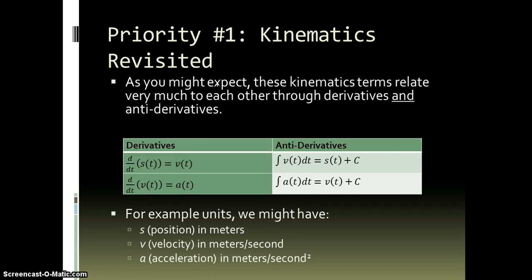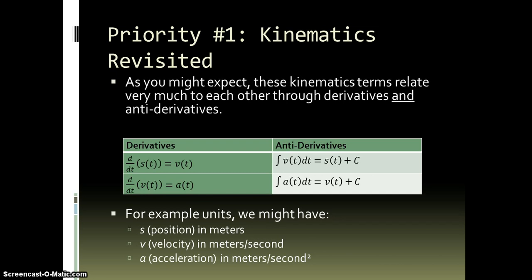So priority number one is to look back at kinematics, which was the study of objects in motion. We dealt with three particular terms: our position, our velocity, and our acceleration. If you look at the chart, the derivative of our position, which oftentimes we'll call s of t, it could be x of t or y of t, is velocity.